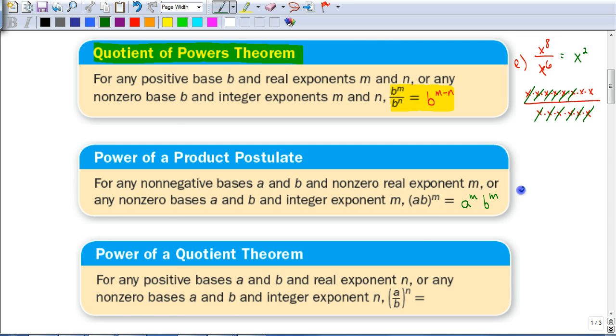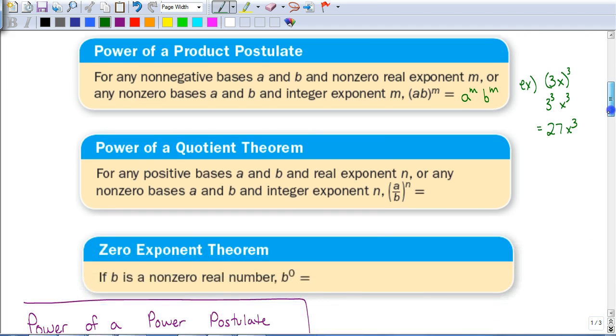So for example, say I have 3x, the whole thing being cubed. It doesn't mean just the x gets cubed, that means everything gets cubed. So the answer would be 3 cubed times x cubed, which is, well, 3 cubed is 27, times x cubed. So 3x in parentheses, the whole thing being cubed, would be 27x cubed.